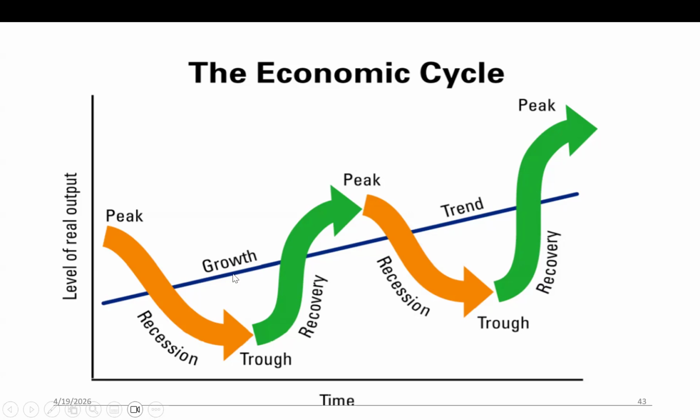Right, so the straight line that is mentioned here in blue color is the optimum line, or the real GDP. That is the optimum line that we expect, but the actual scenario will vary. That is shown by this peak, recession, trough, and recovery.